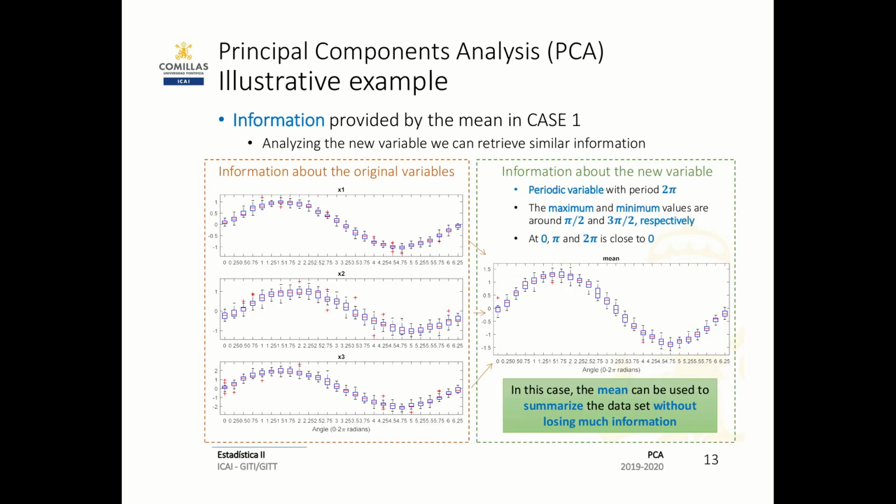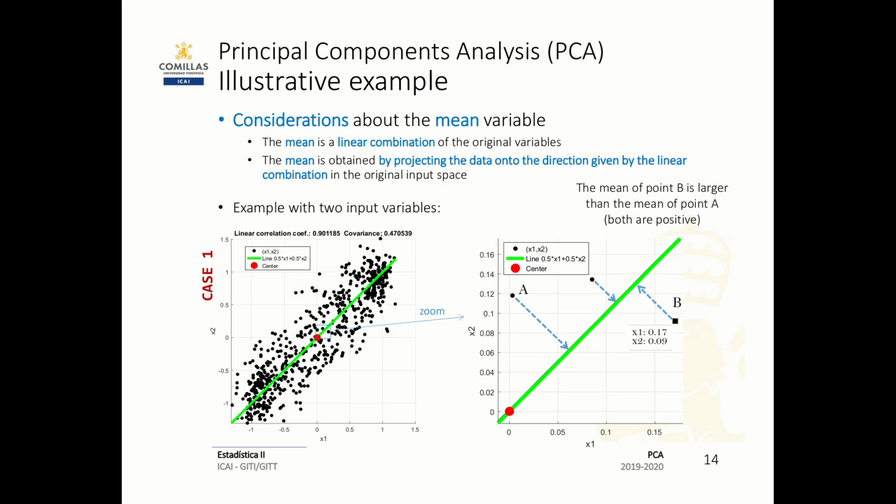Okay, so here we have box plot measures for each one of the x1, x2, x3 signals, and for the summary, the mean, and we see that the mean itself doesn't lose too much information with respect to the original variables. So we can plot where the mean is. So let's say that we have all this information.